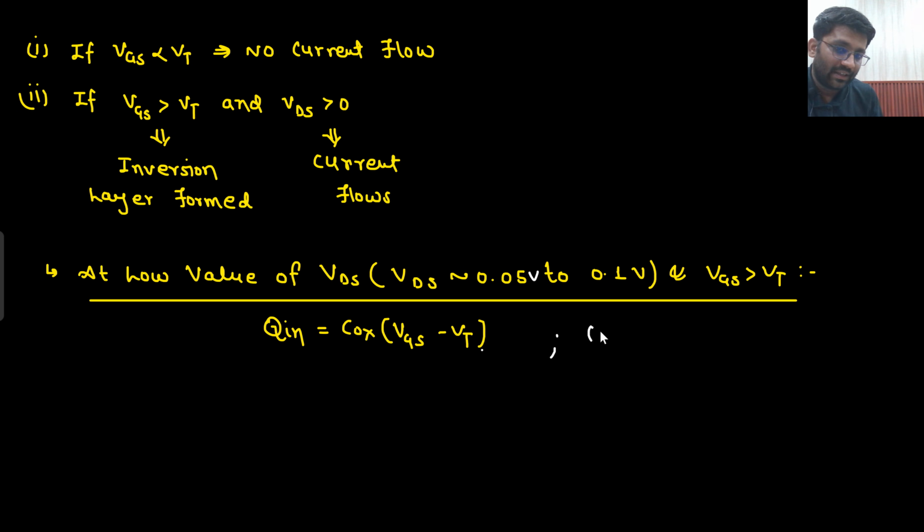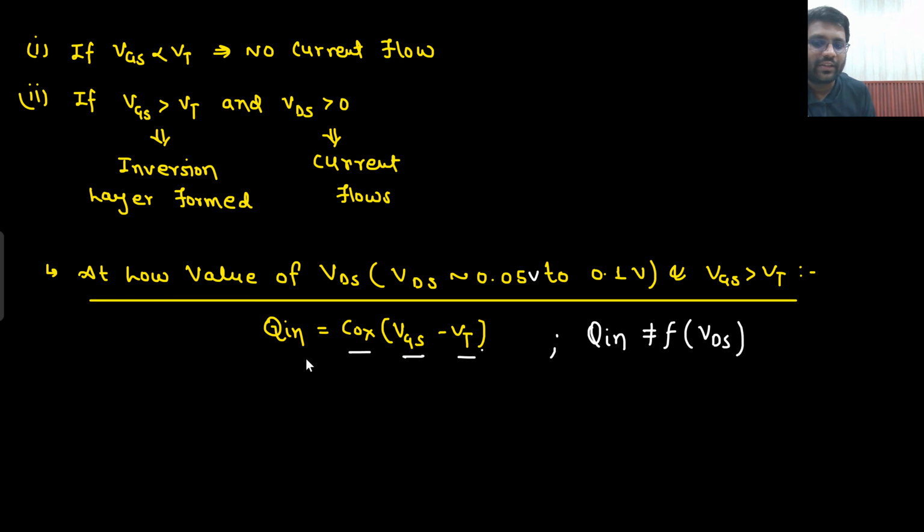So what I am saying here is that your inversion charge is not a function of VDS. Is that clear to you? Okay. So basically VGS is greater than VT, and there is a fixed VGS that you are having. If VGS is fixed, VT will be a certain value, COX will also be fixed.